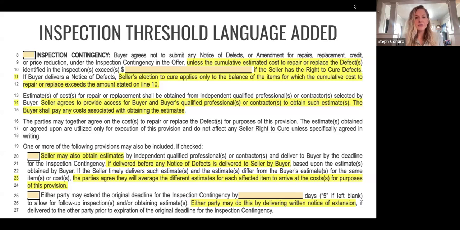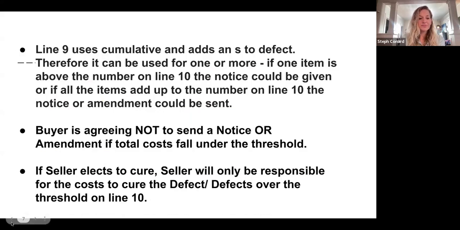The way it reads, starting at line 8, and again, you would mark that with an X that you're going to include it: Buyer agrees not to submit any notice of defects or amendment for repairs, replacement, credit, or price reduction under the inspection contingency in the offer unless the cumulative estimated cost to repair or replace the defects identified in the inspection exceeds blank.